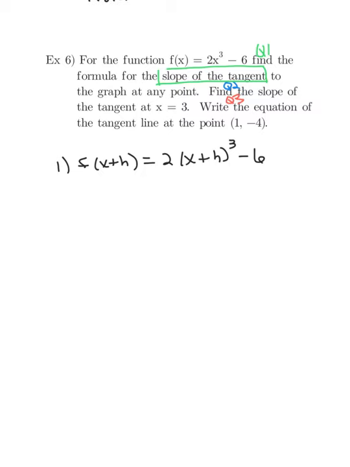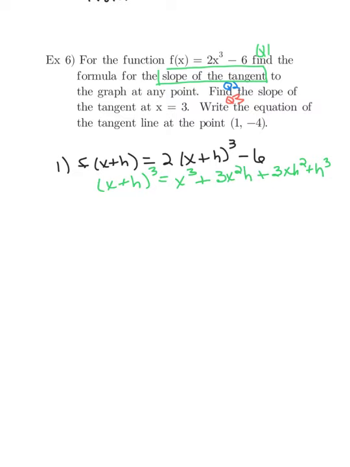I'm going to write it down in here so that you have it. The third power of x plus h to the third is x cubed plus 3x squared h plus 3x h squared plus h cubed. Again, I will not be asking you to do that ever.